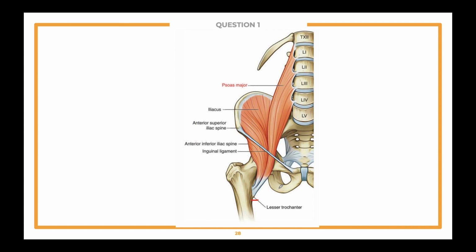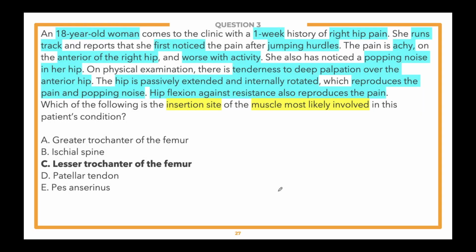So that is a great way to think about how these muscles act. So if we go back to our question, obviously the lesser trochanter is the insertion site of the iliopsoas muscle. So one, it required knowing what muscle is affected with those physical exam findings, but two, also the insertion site. So definitely needed to know both steps here.